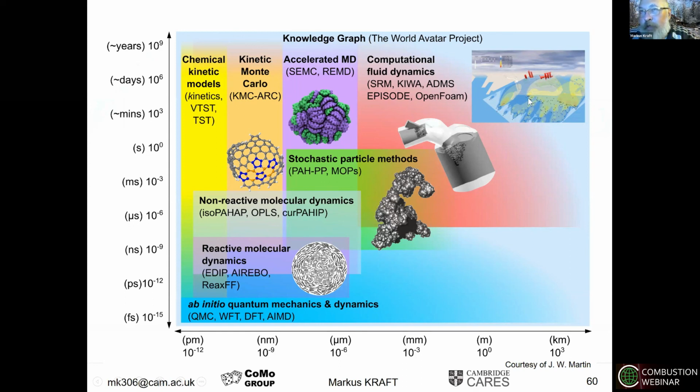And so we are working on something called Knowledge Graph, it's the World Avatar Project, in which we basically connect all these models in one big attempt using this knowledge graph. If you're interested in that type of work, I can only point you to our website and look under knowledge graph.